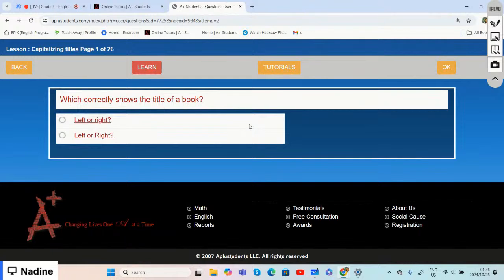So we need to say which correctly shows the title of a book. Is it option one, left or right? Or option two, left or right? So option one or option two?